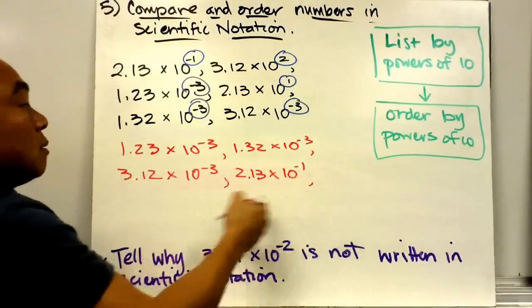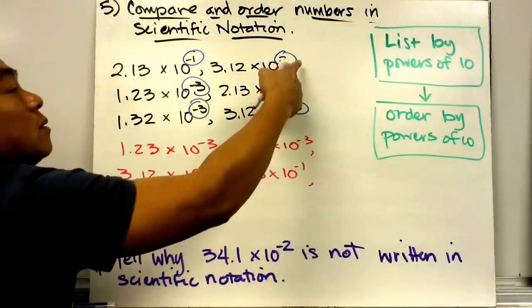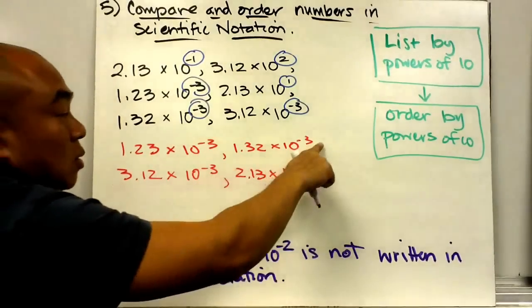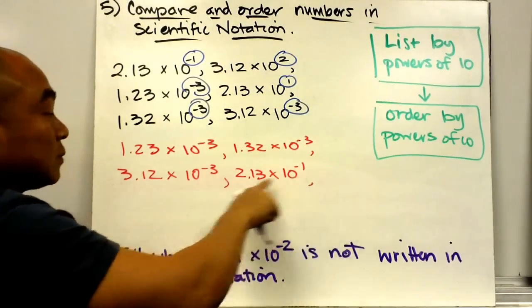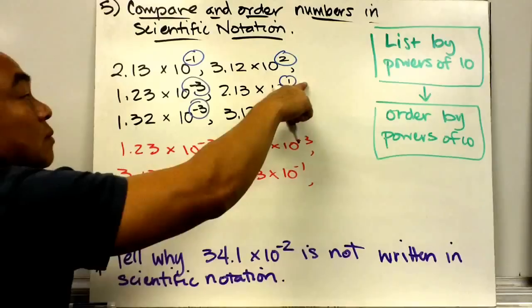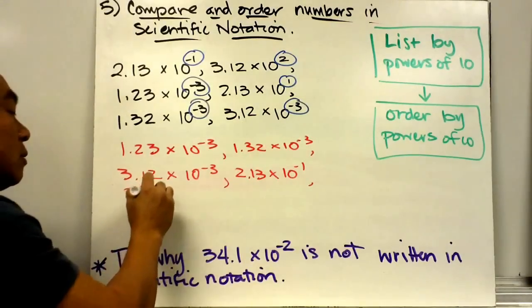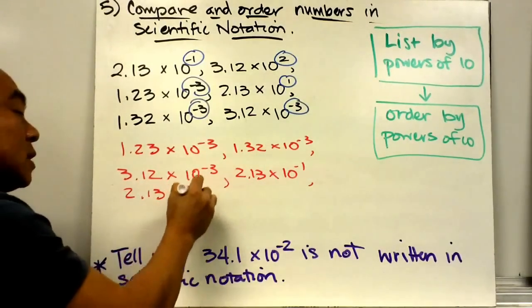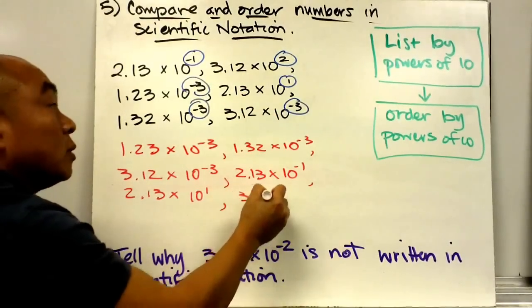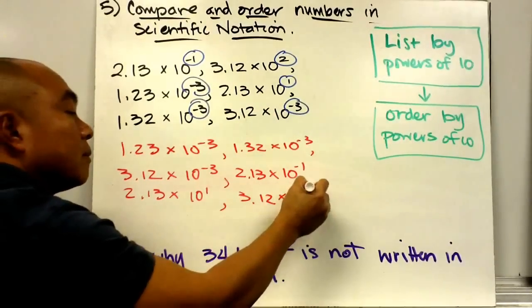Then we now have 1, and then we have 2. So again, you're going from smallest to biggest just by using your powers. Okay, so you're going to group by powers. Our next one after this would be that 1, so it's 2.13 times 10 to the first power, and then finally you have 3.12 times 10 to the second power.